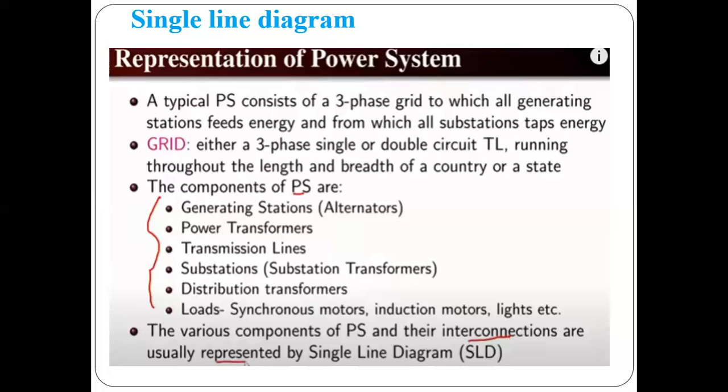The various components of the power system and their interconnections are usually represented by the single line diagram. Single line diagram is generally a way of showing, with the help of a diagram, the various components which are performed in the power system.